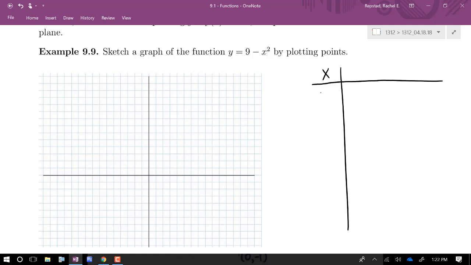So the domain is all real numbers, and I'm making a point to say that because when I'm plugging in some values, I want to make sure I pick some positive values, some negative values, enough to be able to observe the pattern, a visual pattern here.